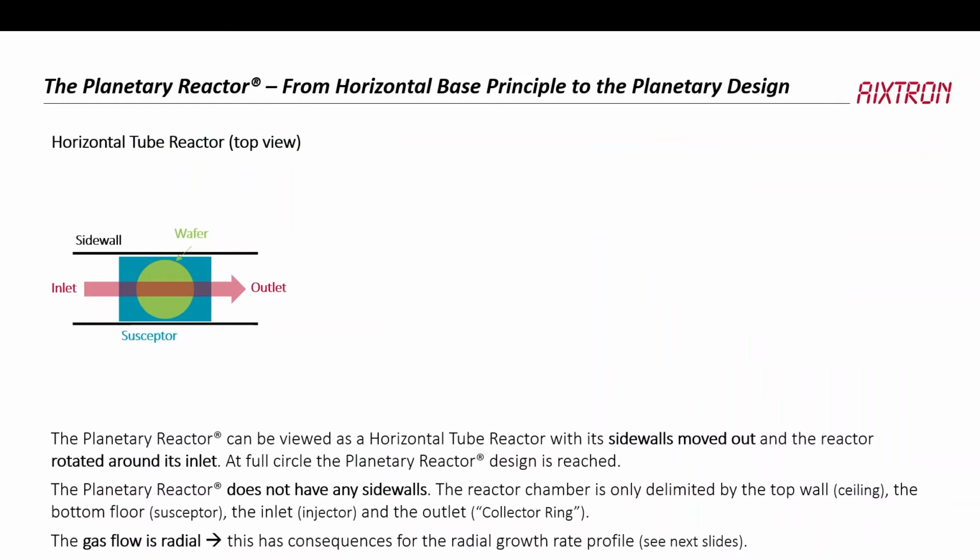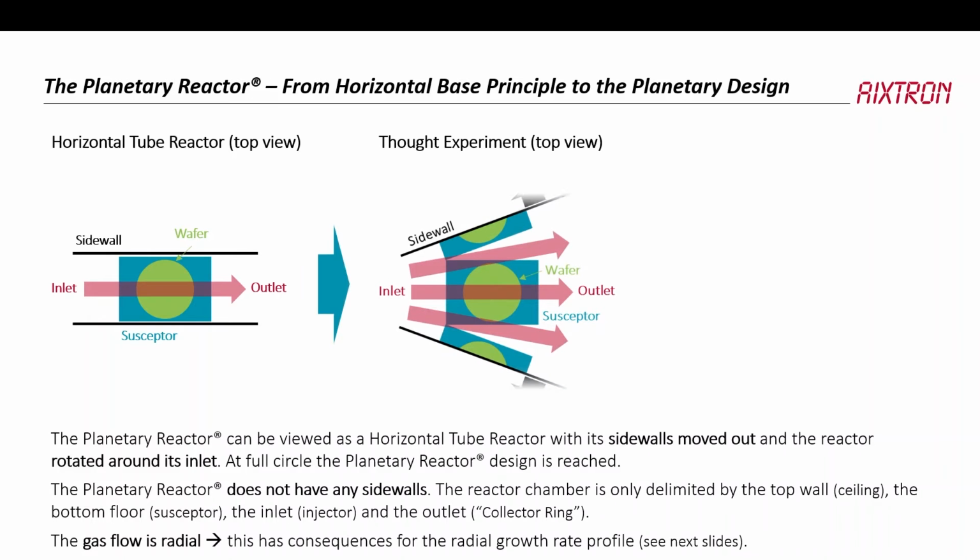How do we get to the planetary reactor? We start out with this. This is the horizontal tube reactor from the top. We have sidewalls, the wafer, the susceptor, the inlet, the outlet. Let's now do a thought experiment. We just move the sidewalls out, or in other words, we rotate the reactor around its inlet axis, just rotate it 360 degrees.